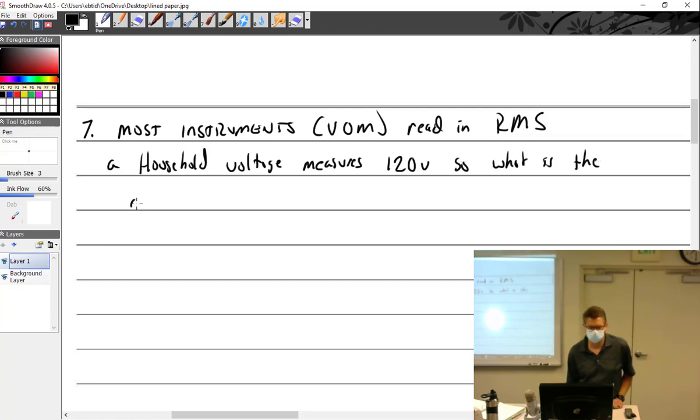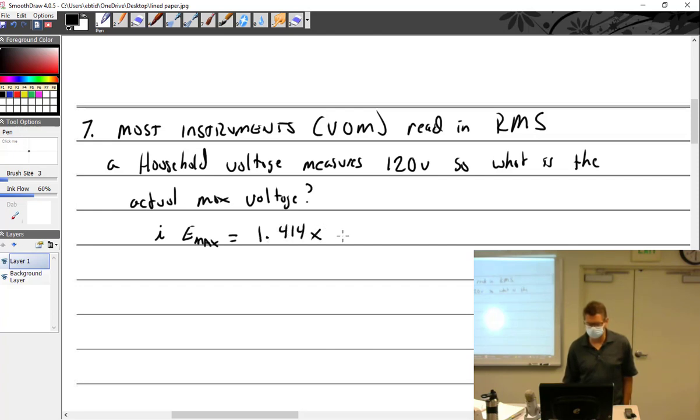the actual max voltage? What is the max voltage? So you remember the formulas we gave yesterday. So E max is what we're looking for. E max equals 1.414 times E effective.